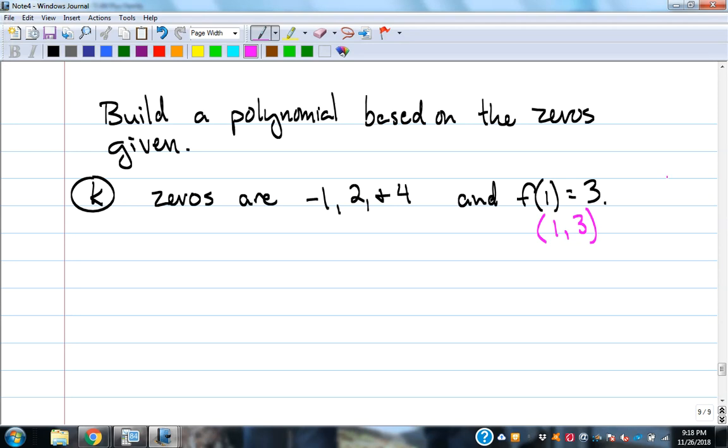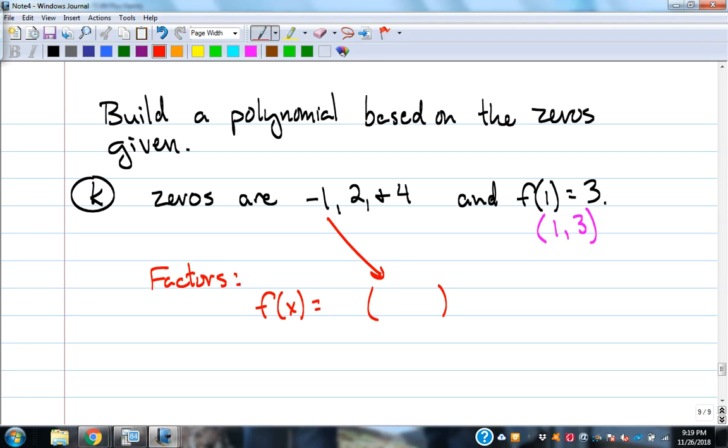First thing we're going to deal with are the zeros because that's the hard part. What we're going to start off with is get the factors that go with those zeros. What's the factor that goes with -1? Where did it come from?